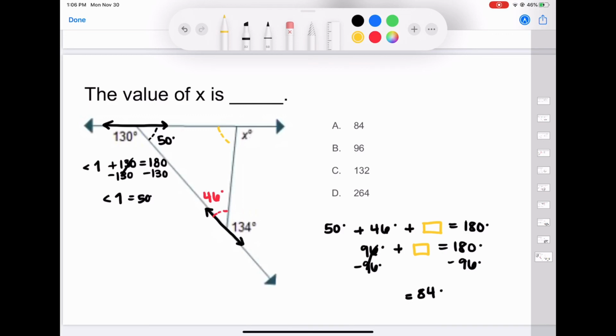So I'll put that there. Okay, and now I still want to find x. Well, what do I know about the relationship between that angle I just found and x? Well, when I add them together, they must equal 180. So I'll take 180 equals, let's say this is angle 3.